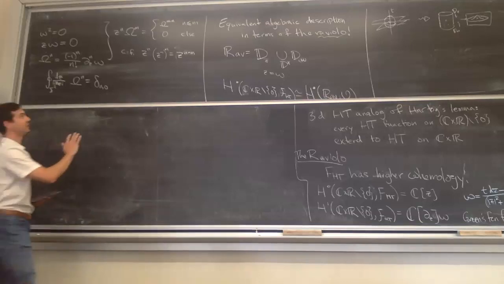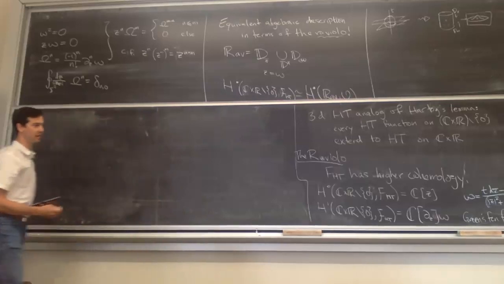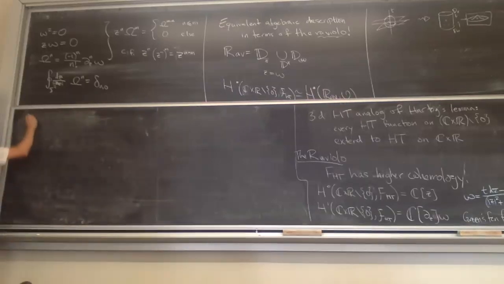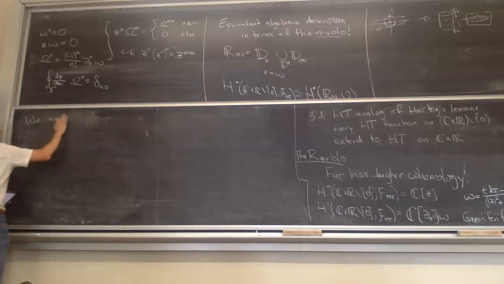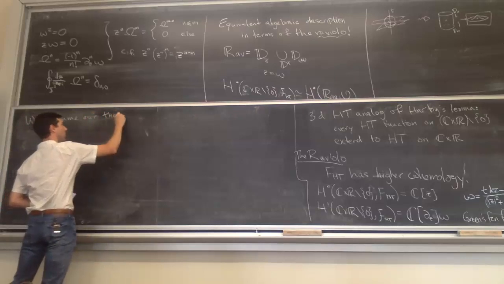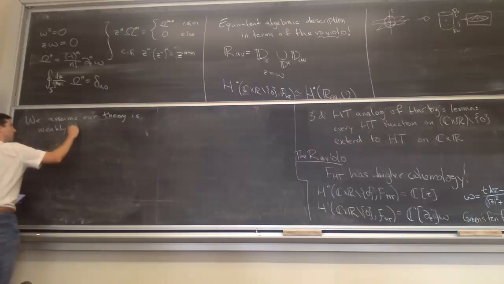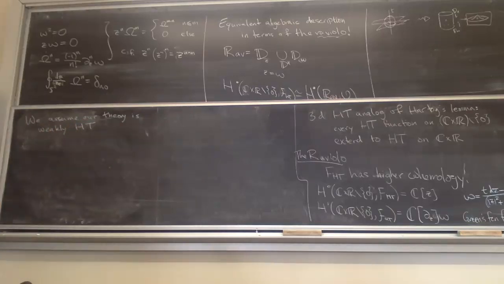So rather than thinking of a theory that's genuinely holomorphic topological, we're going to work with a slightly weakened version of that. So we're going to assume our theory is weakly holomorphic topological. And this is really the context of supersymmetric twists and so on. What weakly means is I've got some differential Q, something like a BRST supercharge, if that's the language that you've learned.